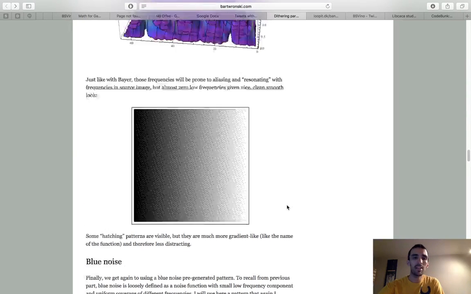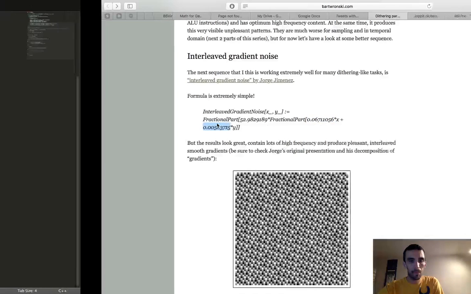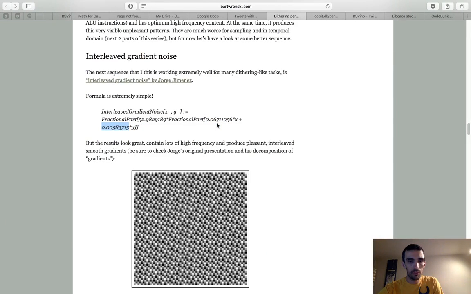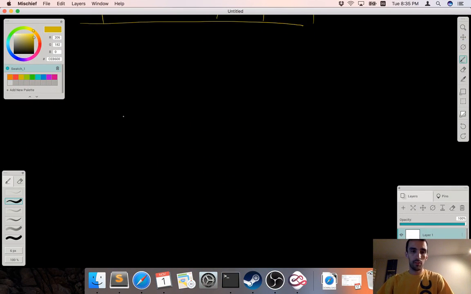I think that's actually what this is, a dot product. So let's see, 0.0067 and 0.0058. What he's doing here is 0.0067 x plus 0.0058 y, right?